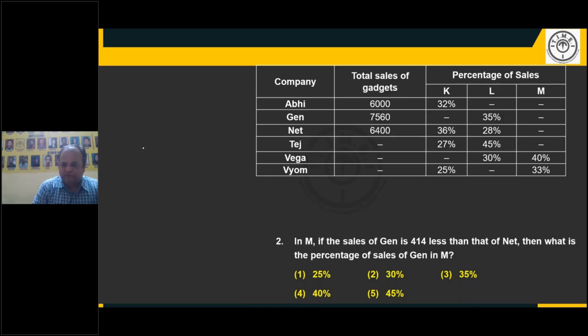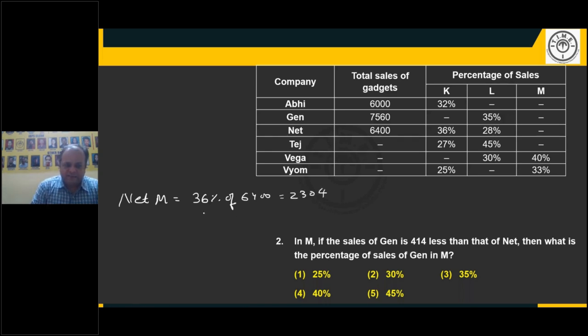But for Net, we can also compute the percentage, like K and L, 36 and 28. So Net in M will be 36% of the total, which is 6,400, so that will be 2,304.